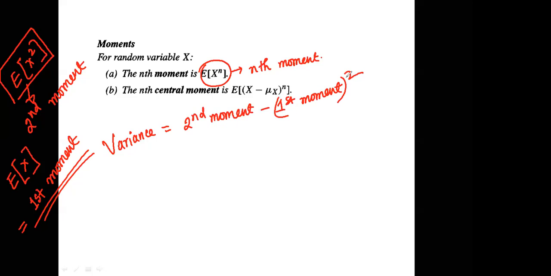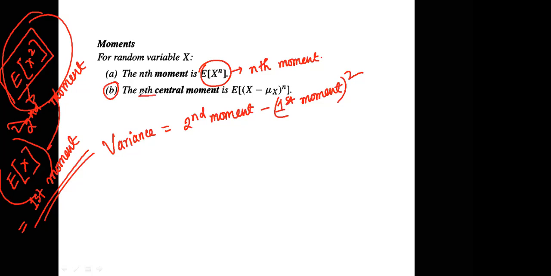If you follow the previous slide, the variance equals the second moment minus the first moment squared. Just now we have proved it. You have to keep something in your memory. Just now I told you, and just now you forgot. Look at this one. Yes, sir, I remember.